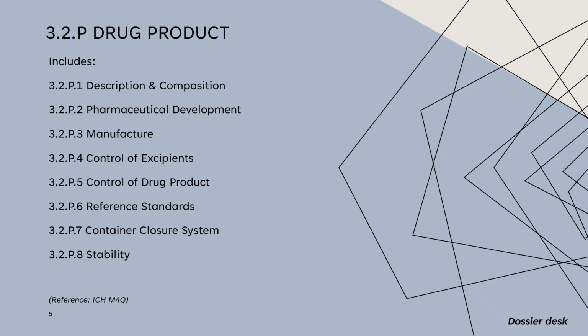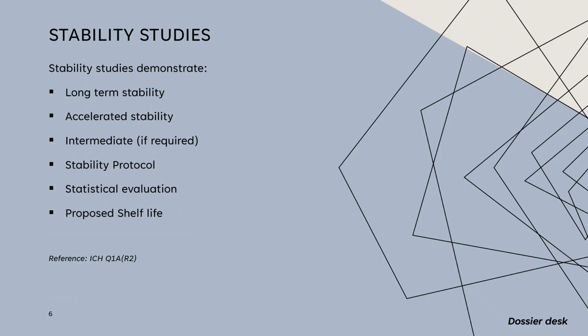Finally, 3.2.P.8 includes stability studies conducted as per ICH Q1A(R2) guidelines. Stability studies must be conducted as per ICH Q1A(R2) for climatic zone 4B regions such as Sri Lanka. Long-term stability is typically conducted at 30 degrees C and 75% relative humidity.